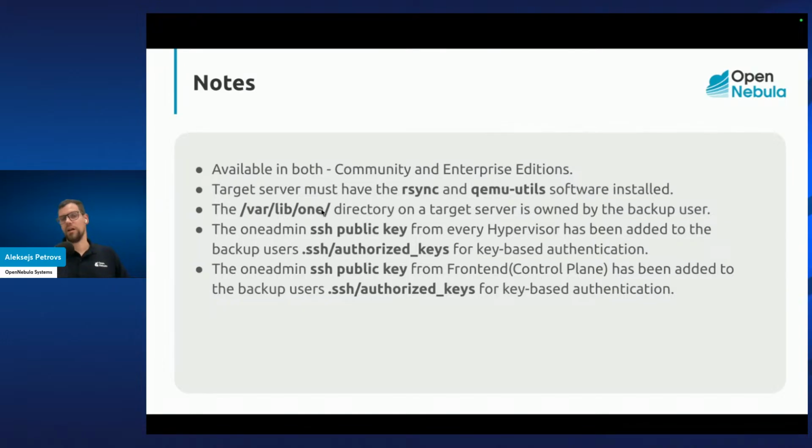You must have the /var/lib/one directory, which must be owned by that backup user. And you should enroll the public keys. Without public keys, it is going to fail, right? And public keys from the control plane, from the front end, are a must as well.